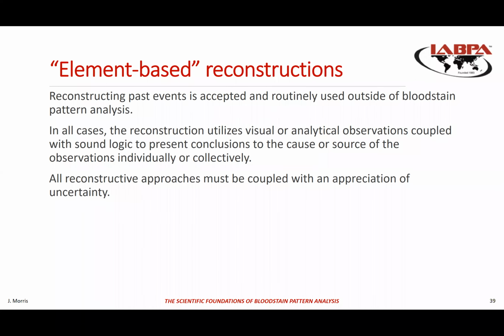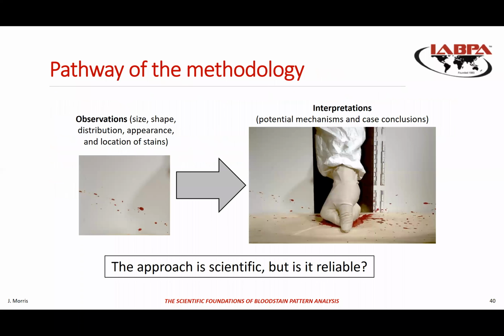What is this and what caused it? But it's also essential in all conclusions, whether it's classification or a case conclusion, which are the reconstructive aspects, to be able to say, "I don't know," to accept that there are sometimes where there's just not enough information to be certain about a conclusion.